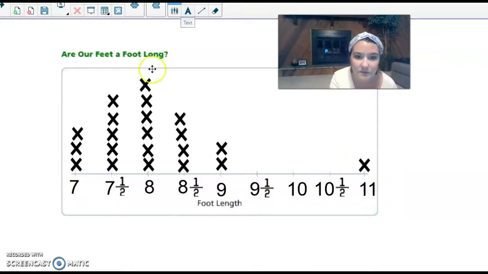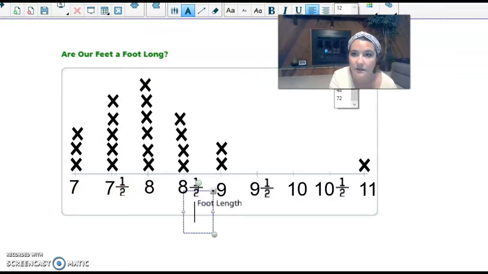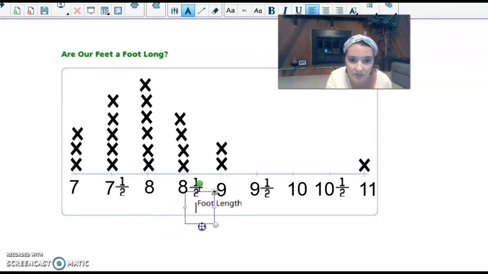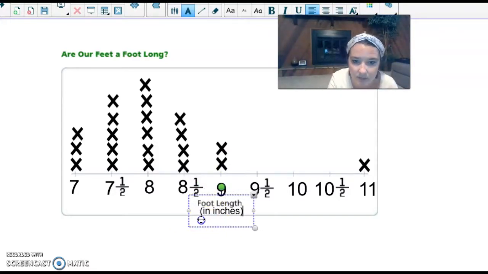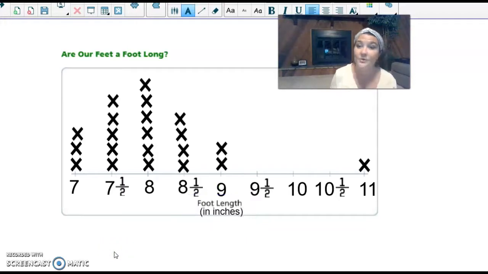Well, you know what I noticed? That it doesn't say inches, so it's very important when we make a line plot and the numbers, we need to know what the numbers mean. So we know it's foot length, but we measured in inches. Okay, very good. Sorry, I wanted to make sure we note that. So the range is 7 inches to 11 inches.